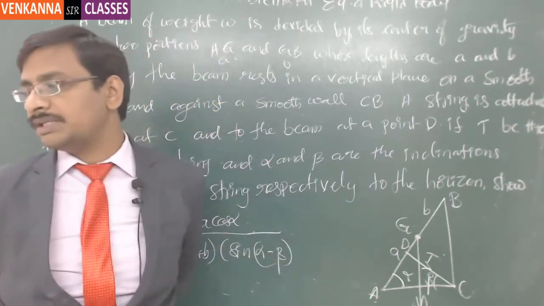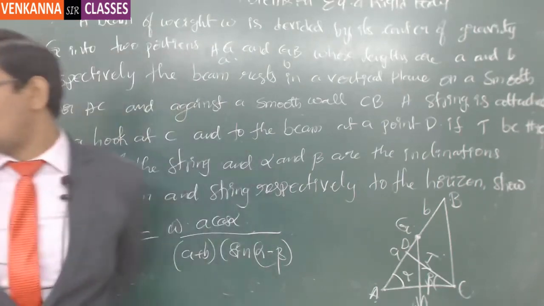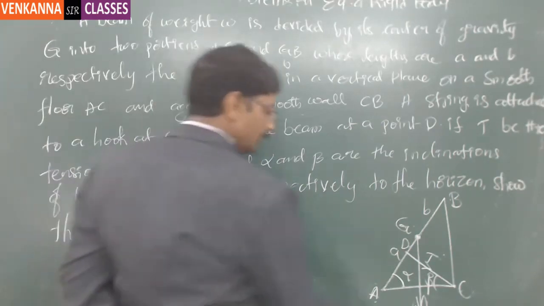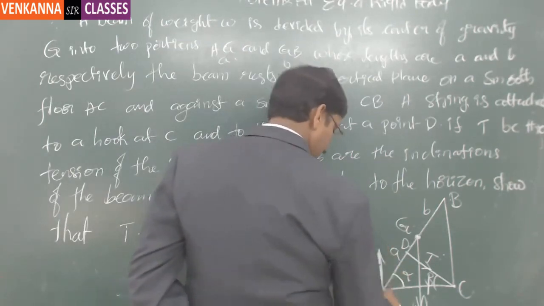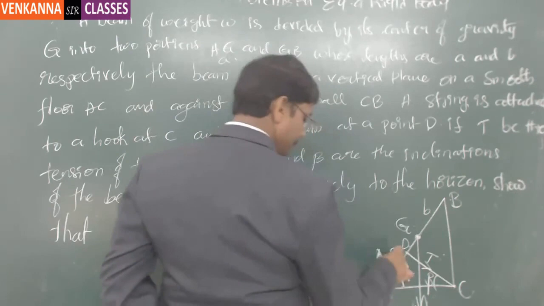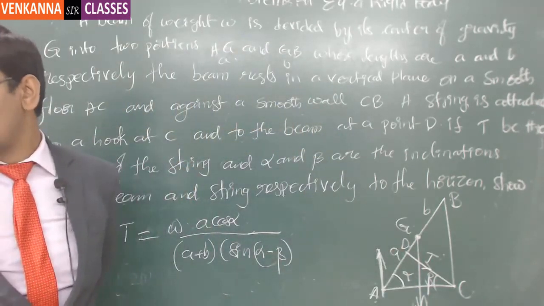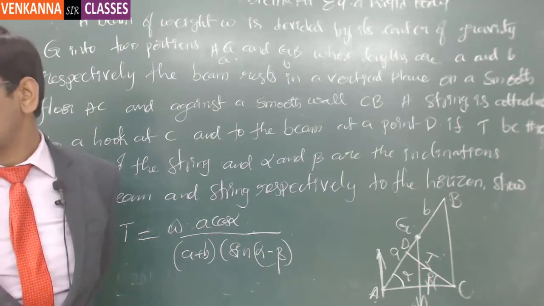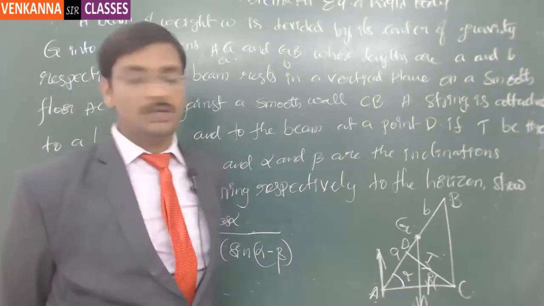In which direction will it come? Upwards. So that is normal to AC. And is this the only reaction or is there any other reaction? Any other reaction? So at B, in which direction?